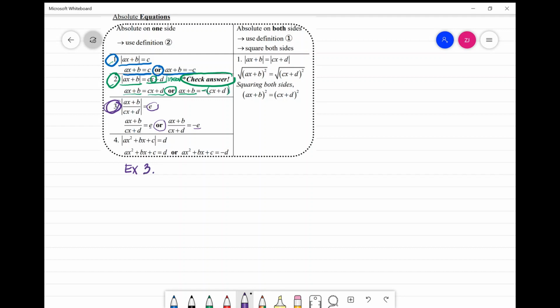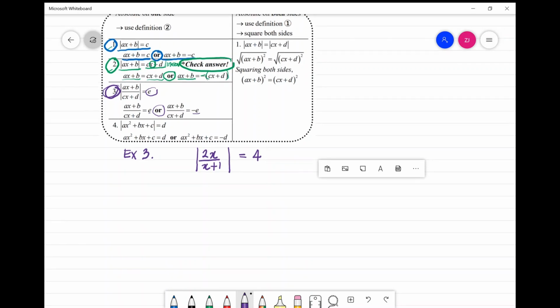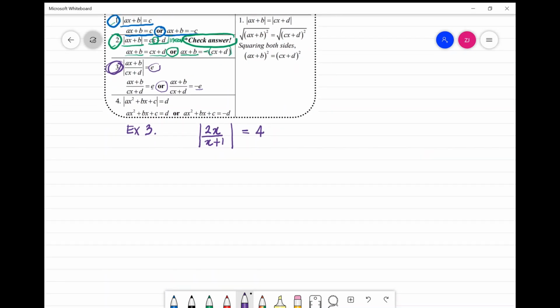If we have absolute of 2x over x plus 1 equals 4, we may solve this absolute equation by using the definition and splitting into two different equations.